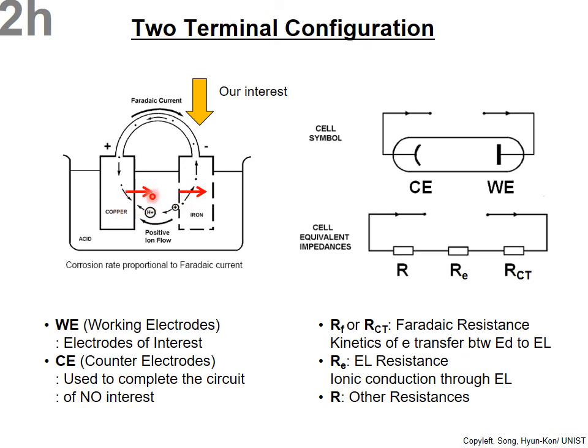So those kinetics are related to the Faraday resistance or charge transfer resistance, plus the other resistances. So that is the two-terminal configuration.